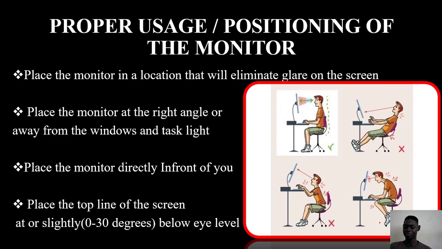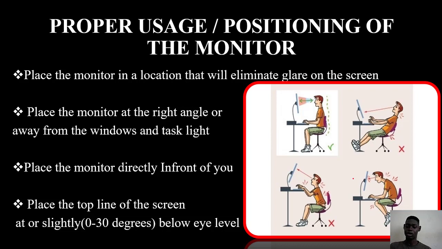See the way the guy is sitting, his feet are not on the floor. There is no armrest. The keyboard is not level with the elbow. He's too close to the monitor. Look at the way he has put his face on the monitor, and look at the position of the monitor. The monitor has been leaned towards him, forward.